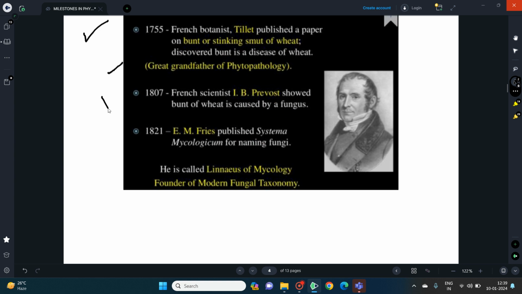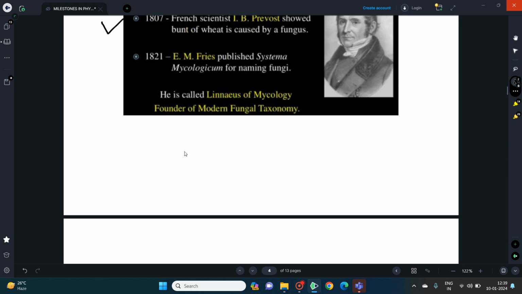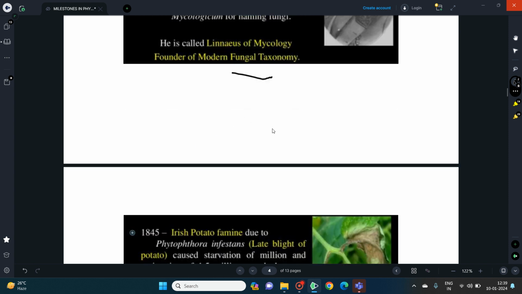In 1807, French scientist I.B. Prevost showed that bunt of wheat is caused by a fungus. In 1821, E.M. Fries published the Systema Mycologicum for naming fungi. He is called the Linnaeus of mycology, or founder of modern fungal taxonomy.